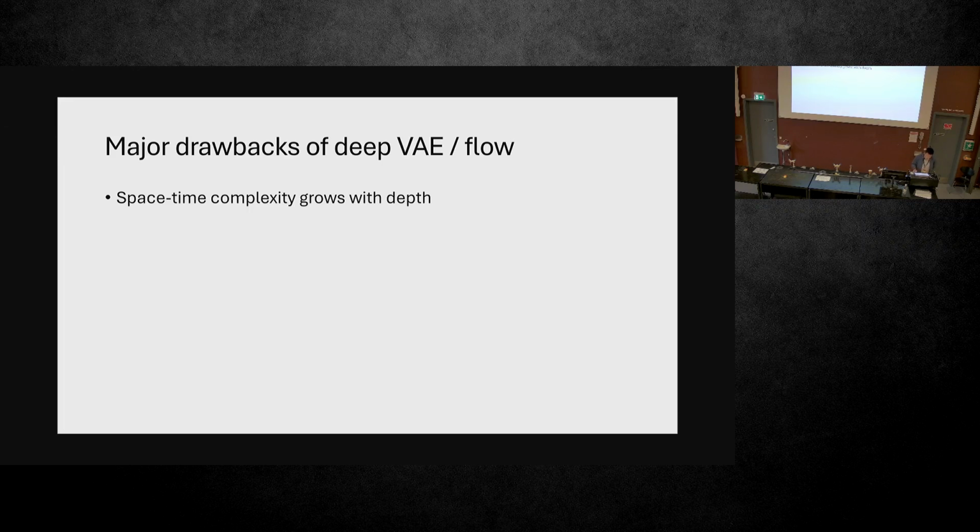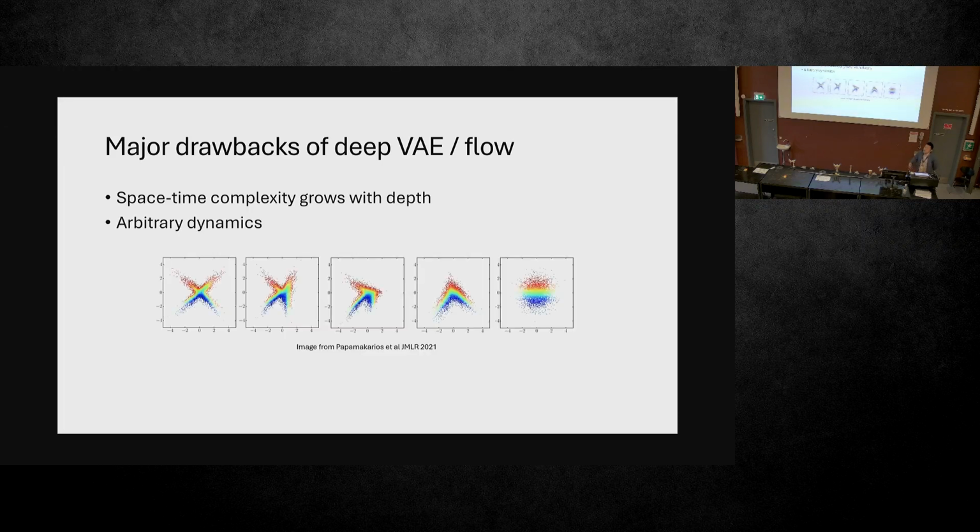That's the first thing. The other thing is that, with either normalizing flow or the very deep VAE, the transformation from your data distribution to a prior distribution is very arbitrary. You can transform this data distribution into a standard Gaussian distribution in a very arbitrary way. For VAE, if you choose this path, you have to match your decoder with your encoder.